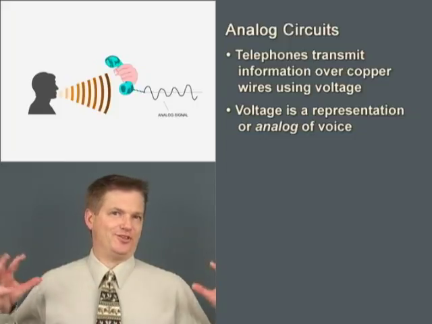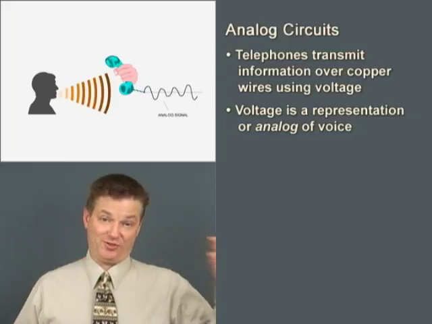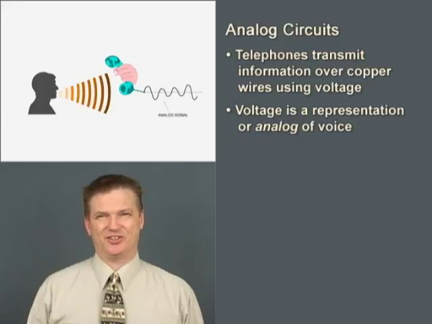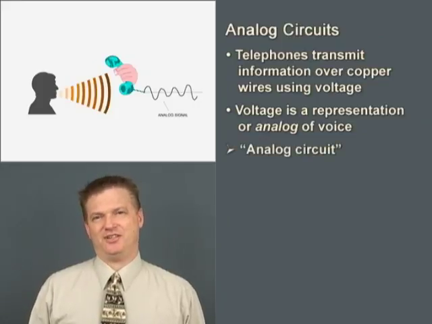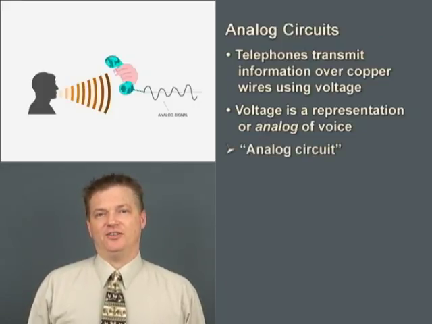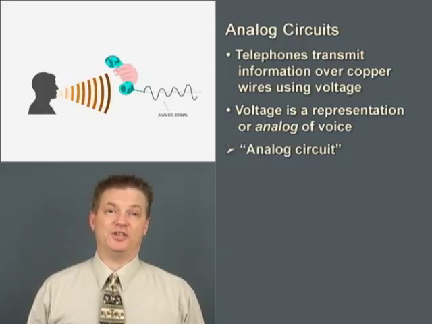People then stretch the terminology to refer to those two copper wires as an analog circuit. But that's not very precise. The only thing analog in this story is the method that we're using to represent the information. It would be more accurate to refer to the loop as two copper wires that were designed to be able to carry a voltage, which is an analog of the sound pressure waves coming out of the speaker's throat.